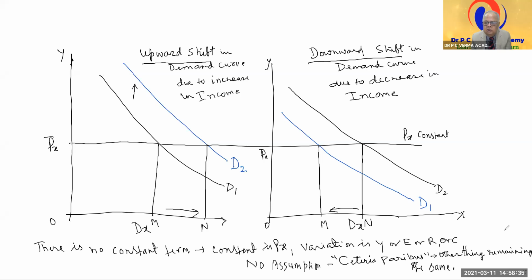So this is called upward and downward shift. This is called increase or decrease. This is called decrease in demand, and this is called increase in demand.